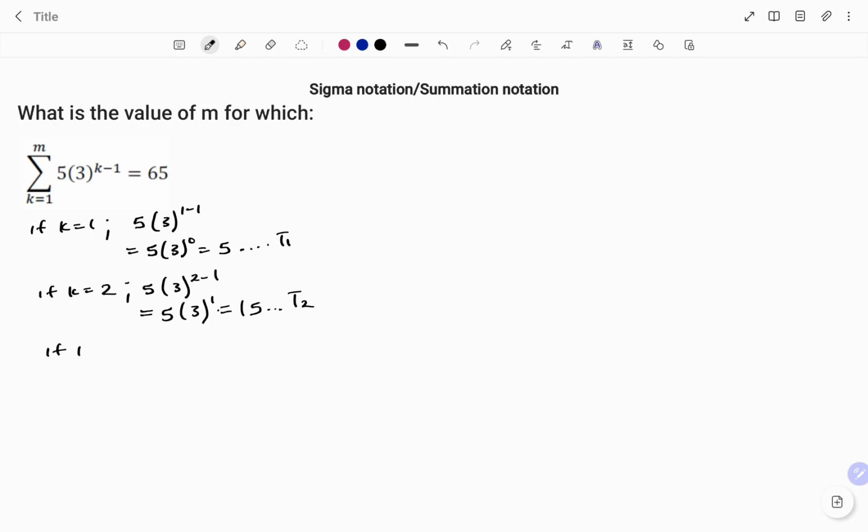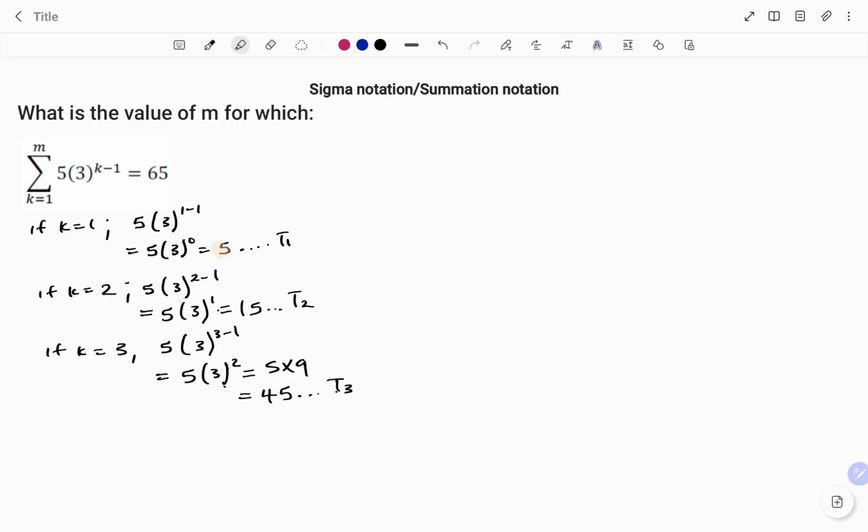And if k equals 3, I have 5 times 3 to the power of 3 minus 1. That will give me 5 times 3 to the power of 2. 3 squared is 9. That's 5 times 9. So therefore, I have that as 45, T3.